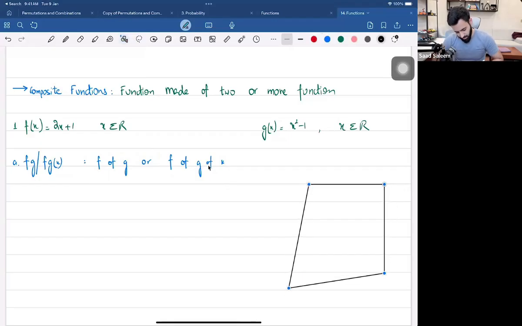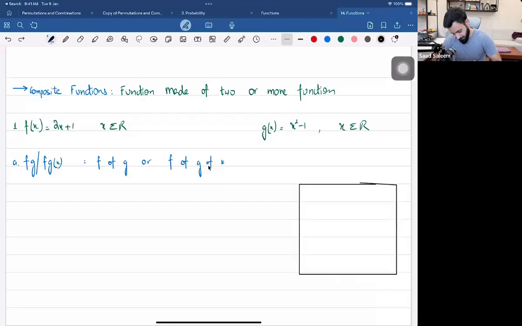So let's say that you are given f of x, which is equal to 2x plus 1. And let's say you're asked to find f of 2. So what you're going to do is, in place of x, you're going to plug in 2.